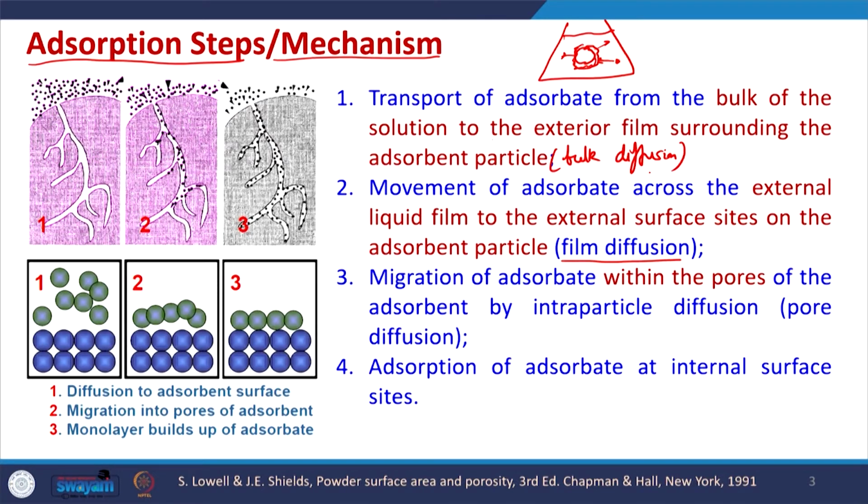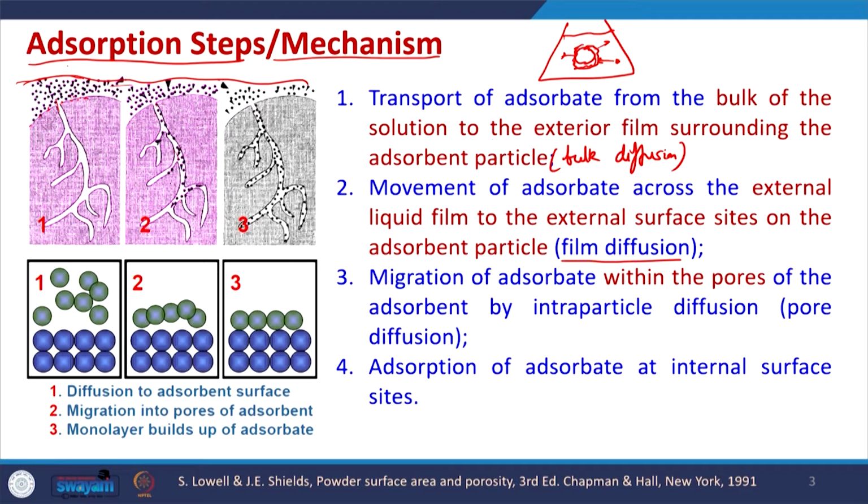Now, in the third stage, migration will occur within the pores of the adsorbent. Suppose this is the film, you can see here the film is there. Now, the adsorbate will move inside the pores. We can see here the adsorbate has moved up to the surface, but it has not moved inside the pores.